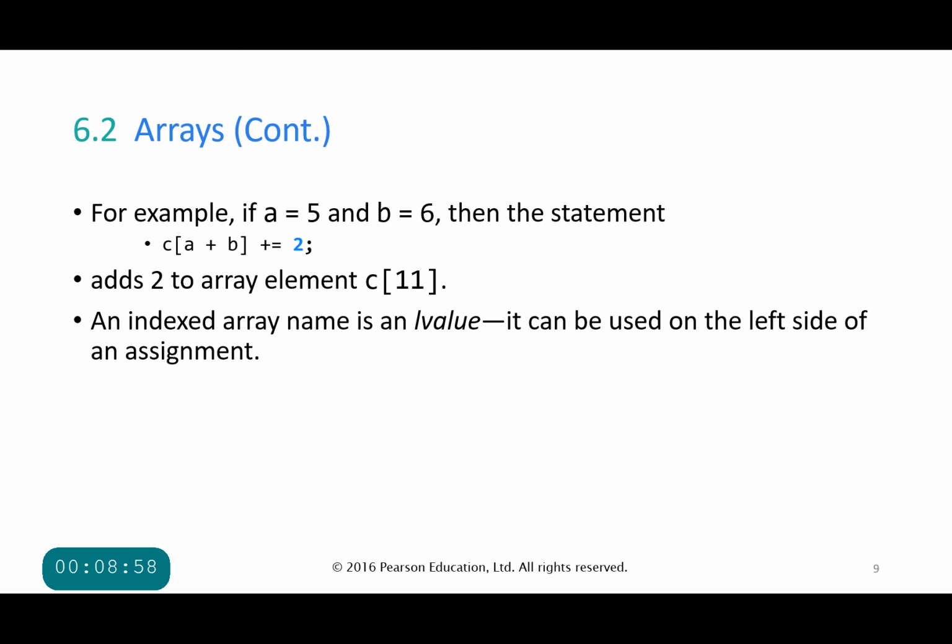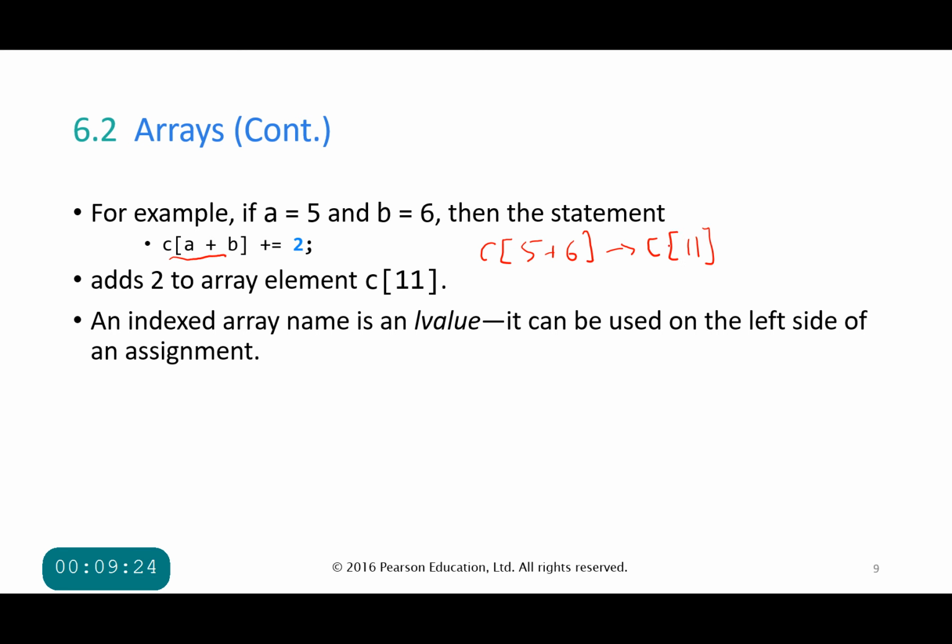So let's look at an example. If we have an integer a equal to 5 and an integer b equal to 6, then in the expression C[a + b] += 2, let's first look at the left hand side. This is a plus b, which is 5 plus 6, which means that this is C[11].